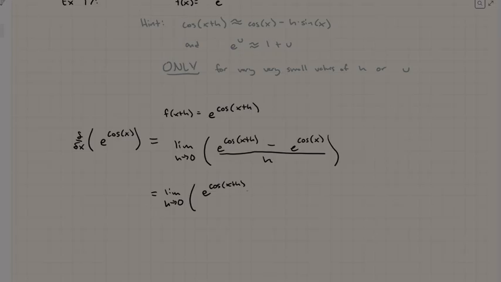Now I want to introduce an e to the power of cosine of x. And since I did that, I have to also enter e to the power of negative cosine x. That way, those would multiply and cancel themselves out, so I don't change the value.